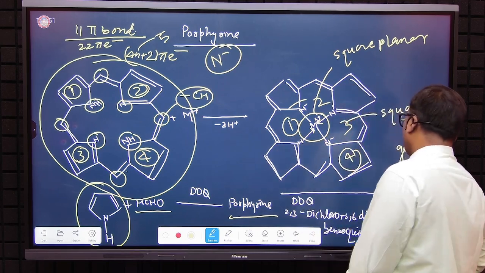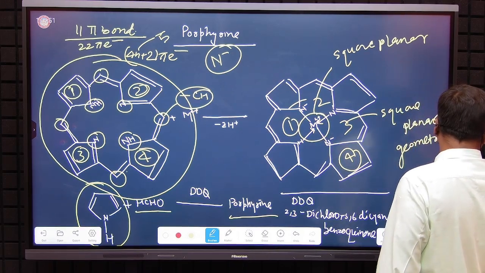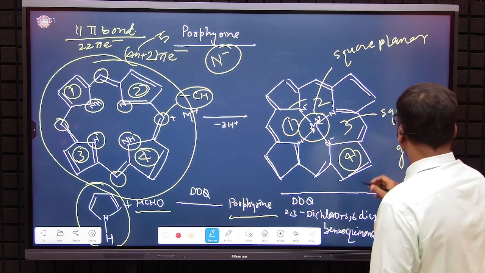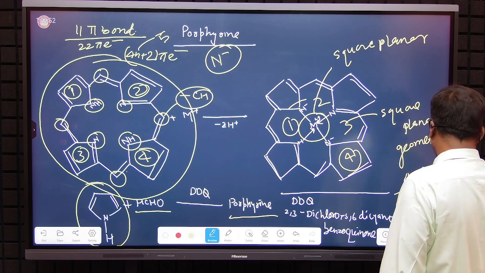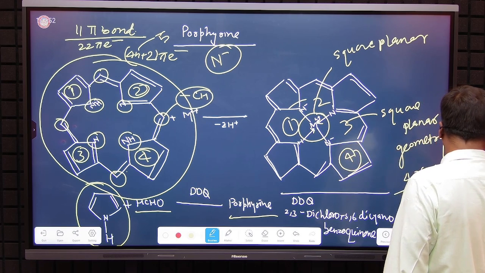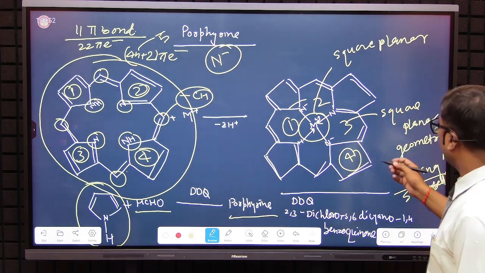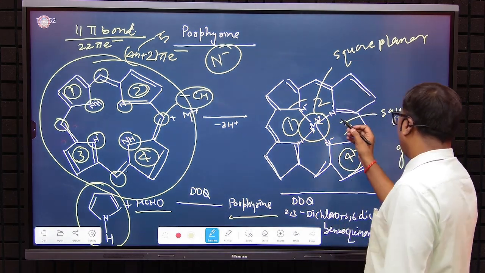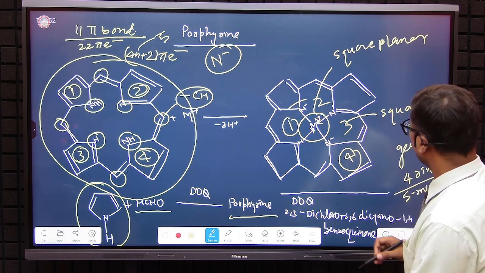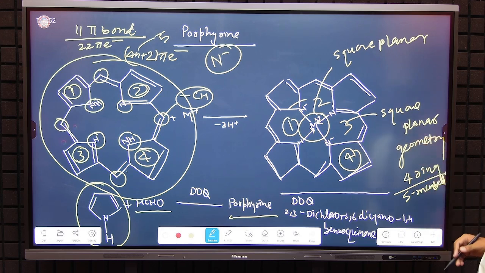So here are 4 ring structures, and they contain 5 elements, so 5 membered, right? So 5 membered 4 ring structures stabilize the metal dication. So that is why such complexes are stable.